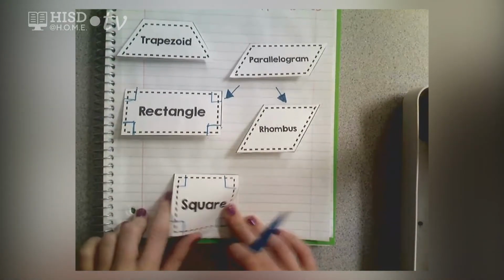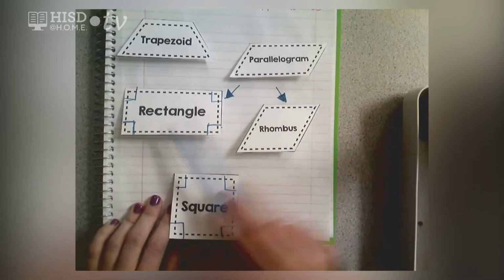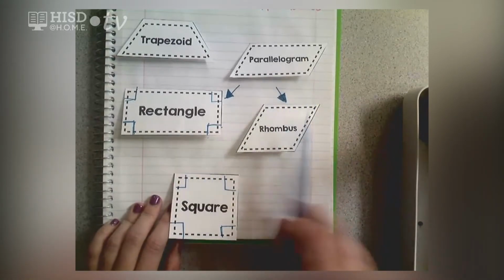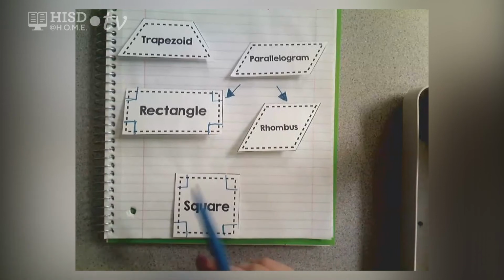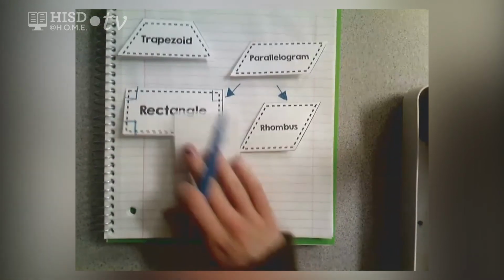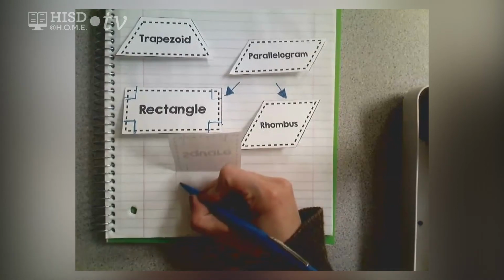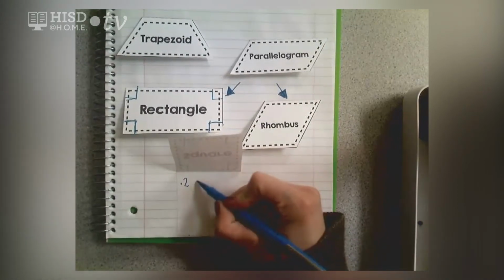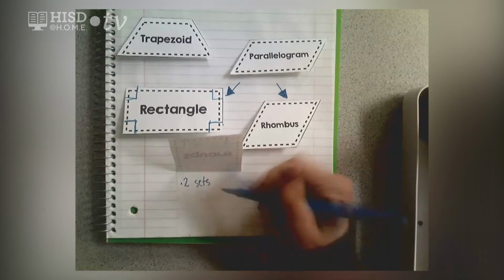And so even though these are all individual characteristics of these three, a square is different because it has to have all of those in order to be a square. Two sets of parallel lines.